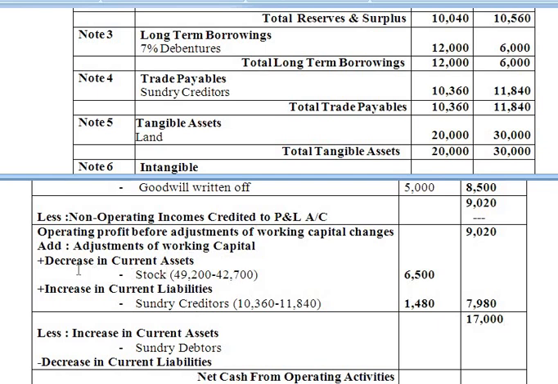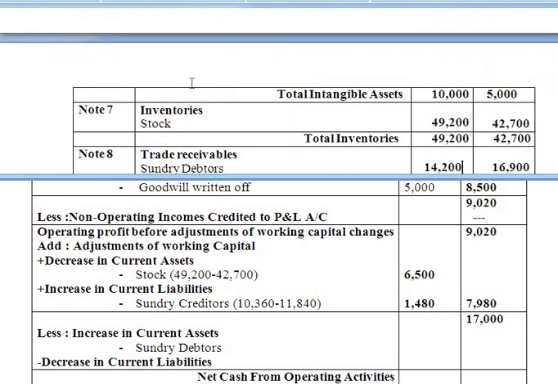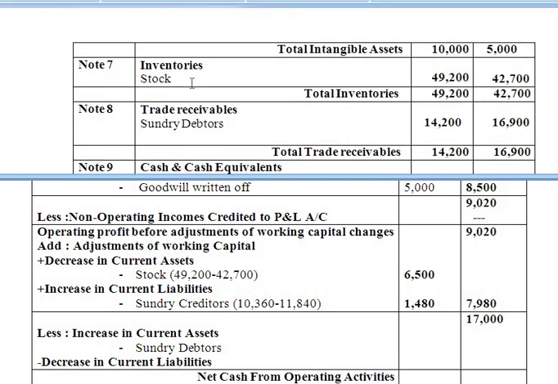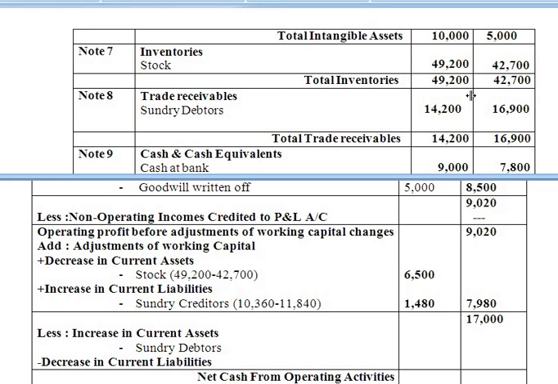Here we have added notional cash received. Now we need to deduct what? Notional cash paid. So first one is less increase in current assets. The first current asset was stock, which we have taken here. Next is sundry debtors. There is an increase in the amount of sundry debtors. From 14,200 it has become 16,900.